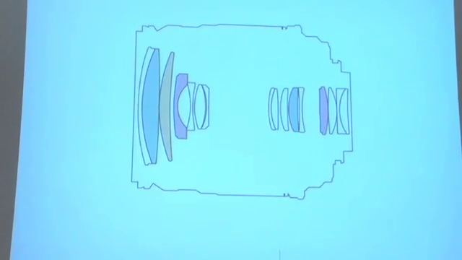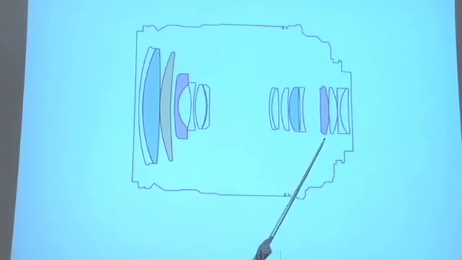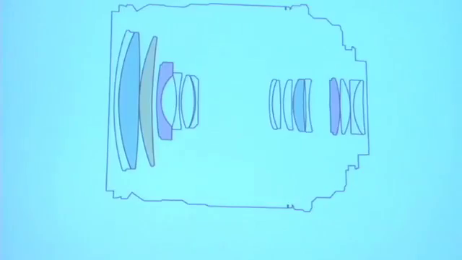So given the choice, you really want to prioritize keeping the back element as clean as possible, particularly because on some lenses it might be recessed into the body of the lens somewhat and might be difficult for you to get into, and you don't want to have to pour cleaning solution into it and get it inside of your lens. That's just going to be a bad thing to do.